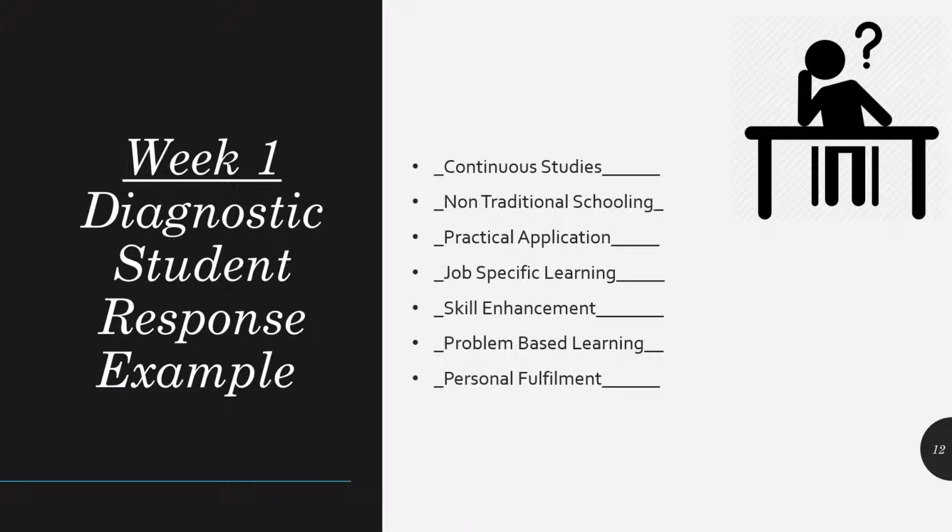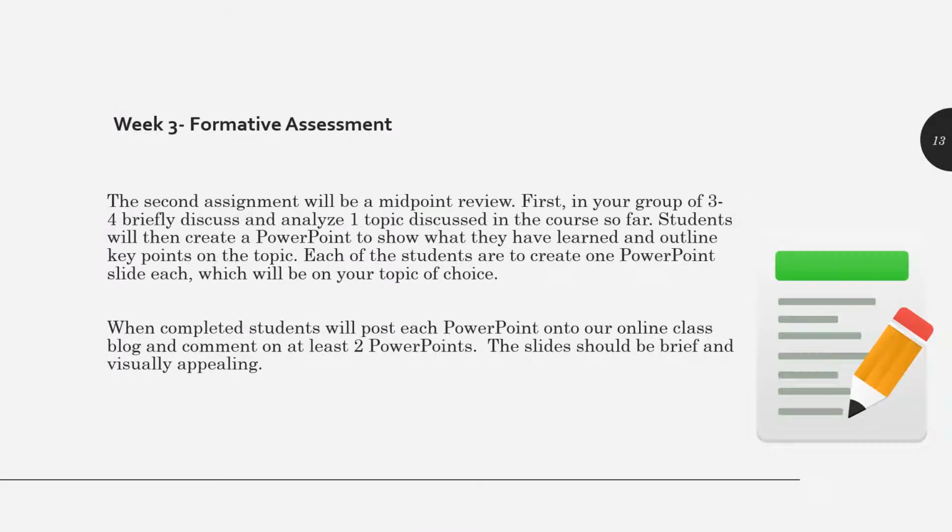In response to our Week 1 diagnostic, we came up with some examples. 1. Contiguous studies. 2. Non-traditional schooling. 3. Practical application. 4. Job-specific learning. 5. Skill enhancement. 6. Problem-based learning. And finally, 7. Personal fulfillment.